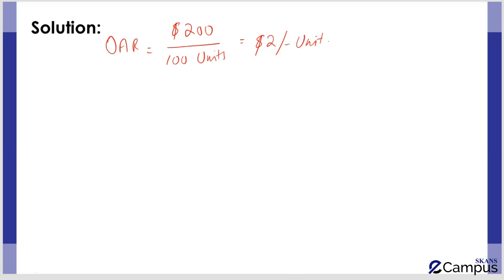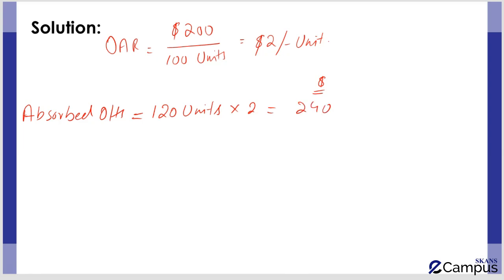Now we can calculate absorbed overheads. Absorbed overheads can be calculated as actual activity level 120 units times OAR, which is 2. So we will have the absorbed overheads as $240.